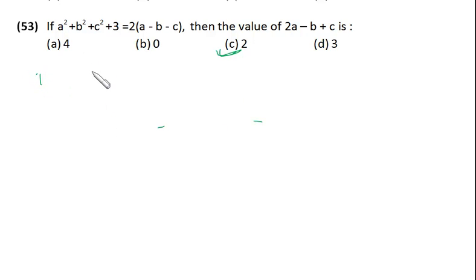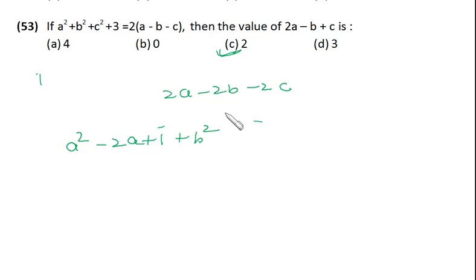a square plus b square plus c square plus 3 is equal to 2a minus 2b minus 2c, right? Now here it is a square and plus 3. So I take 1 from this. So what I'll be getting, a square and this 2a I take left hand side, then plus 1.